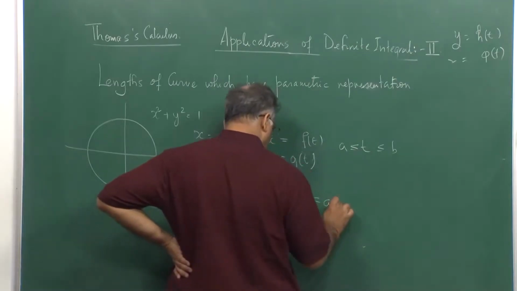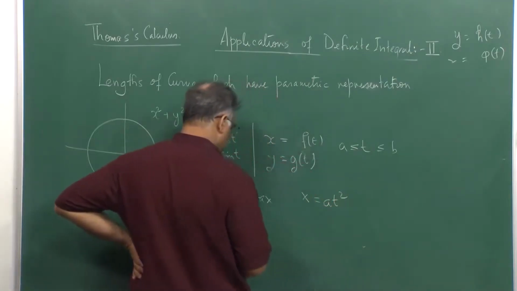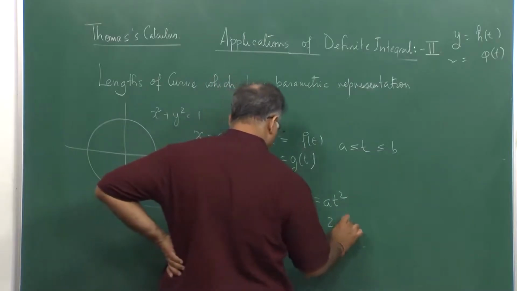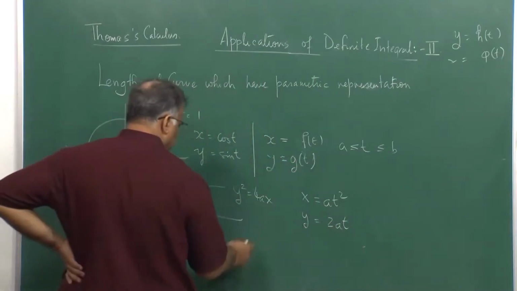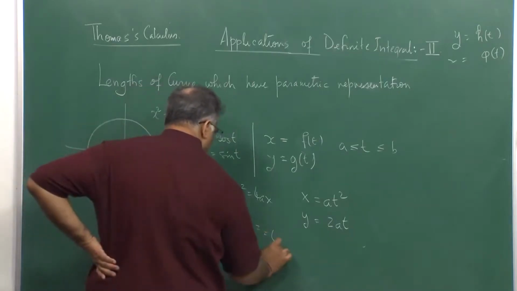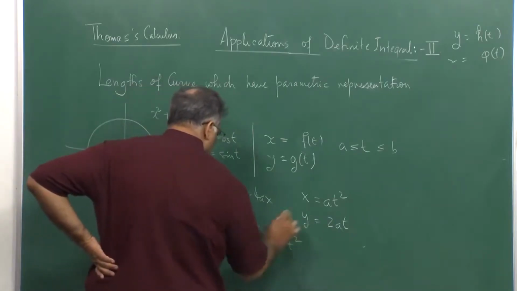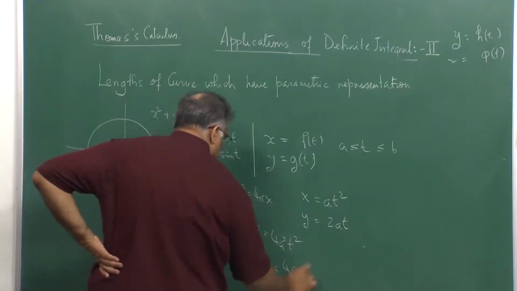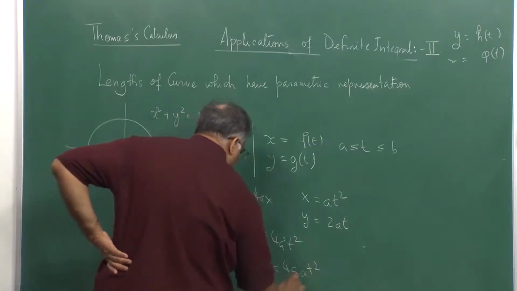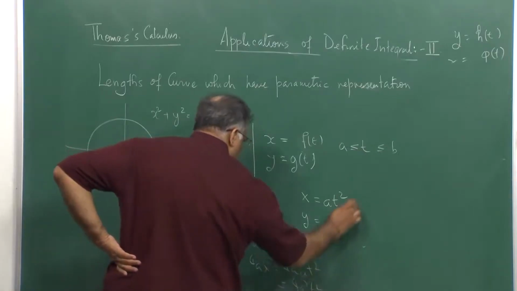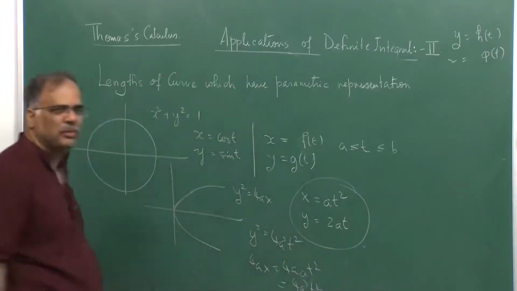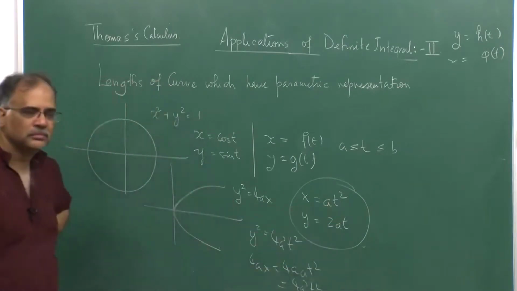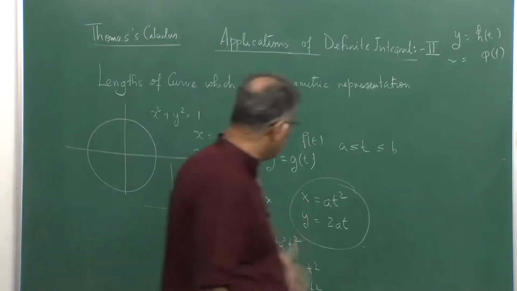So, x equal to a t square and y is equal to 2at, because you see, now if I put y square, it is 4 a square t square, and 4ax is equal to 4 a square t square. So, this is the parametric representation of a parabola. So, this is your f t and this is your g t. So, curves can be represented by parameters.